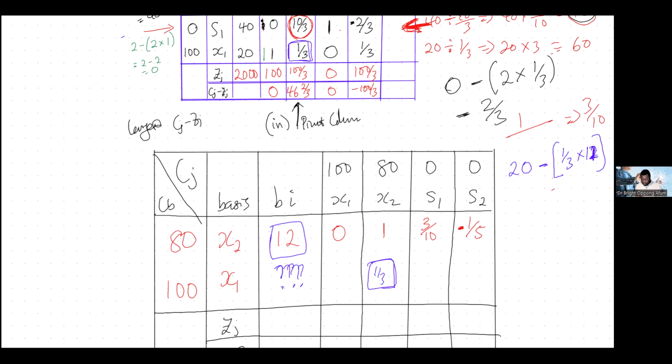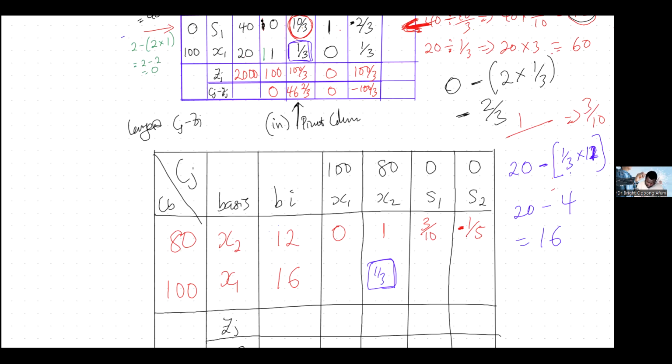So it will be 20 minus 3 times 12, which is 4, and this will be 16. So here will be 16. The BI for the solution basis X1 is 16.